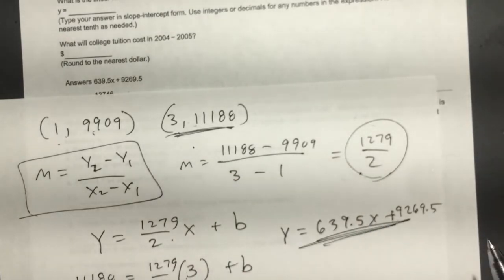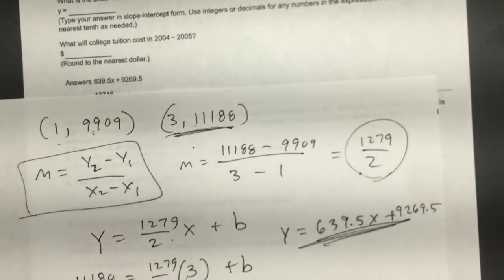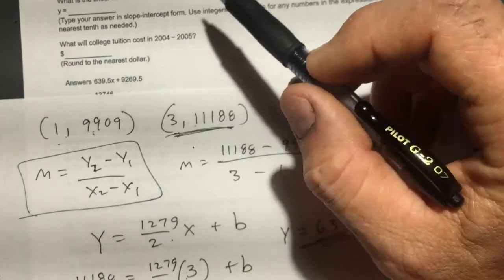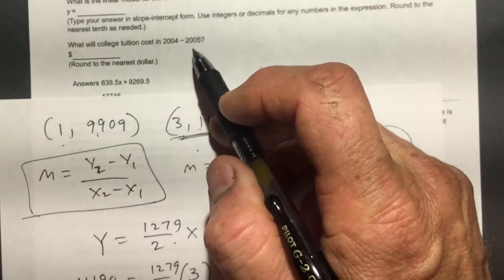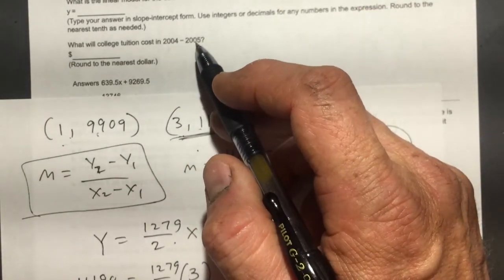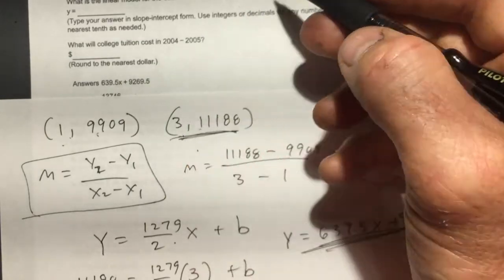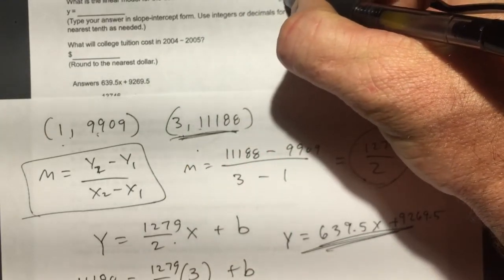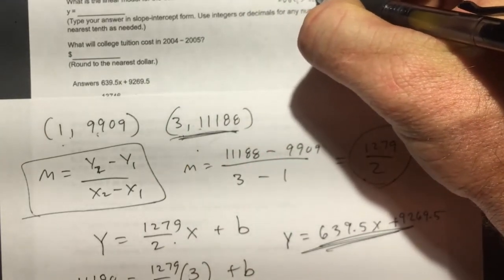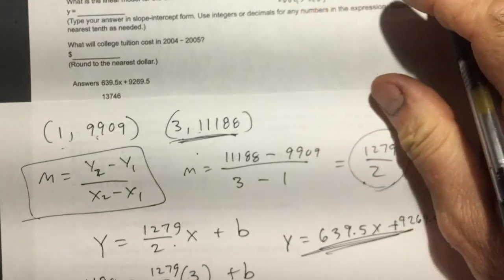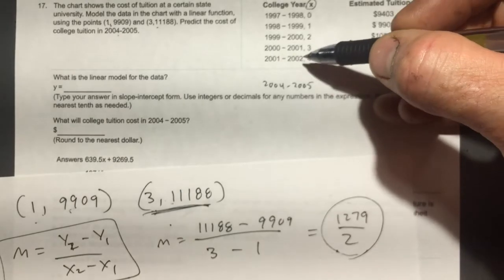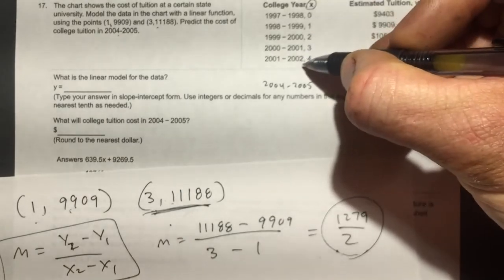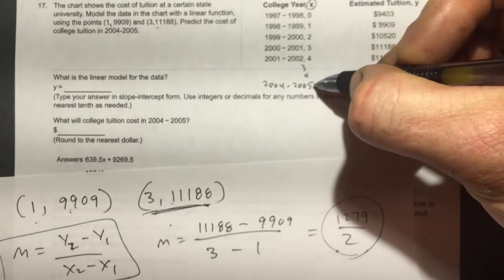Now I'm going to take that equation, and I need to find what the tuition cost is in 2004, 2005. Okay, so I need 2004, 2005. Looking at this, that means, all right, let's just go here, 2, 3, 4, 5.